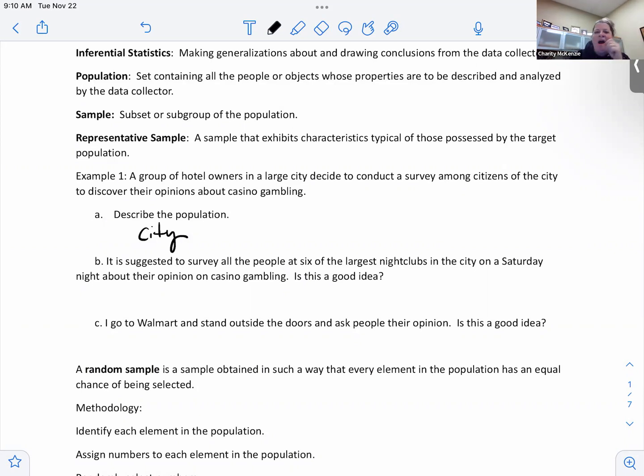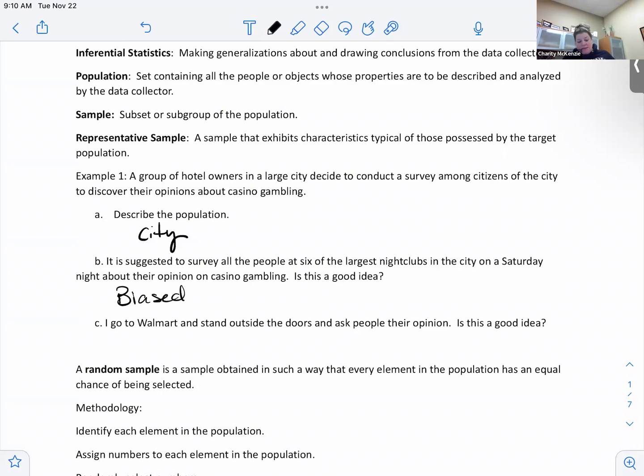It's just so hard to get a good sample that when people tell me there's data on something, you need to be like, I want you to think, how did they sample? Right? Did they really get a random sample? Okay. So is this a good idea? It's biased.